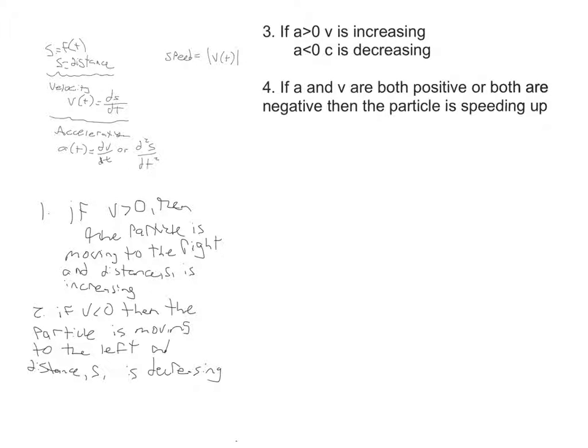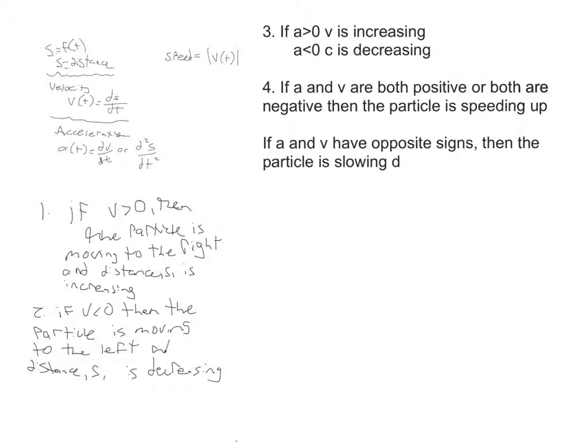If the acceleration and velocity have opposite signs, then the particle is slowing down.